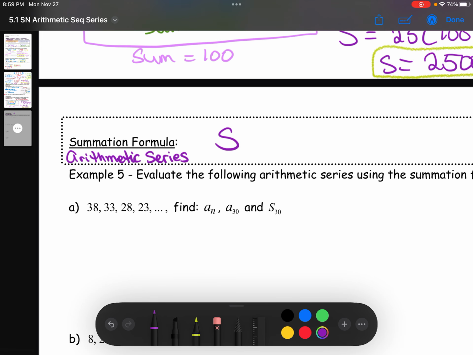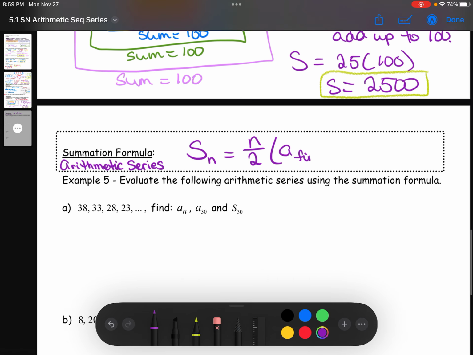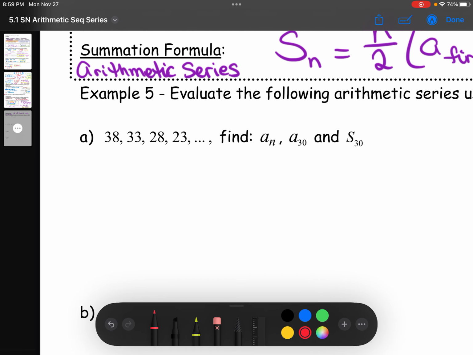The sum of the n terms is n over 2 times a first plus a last. A first plus a last. So we're looking at finding the sum of these series.